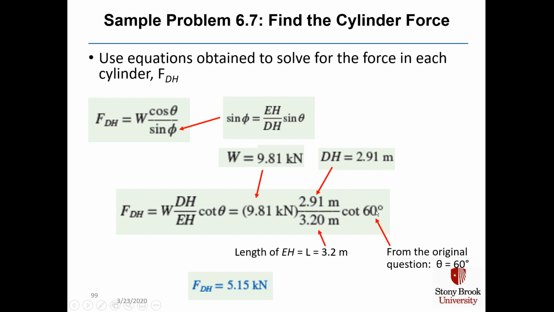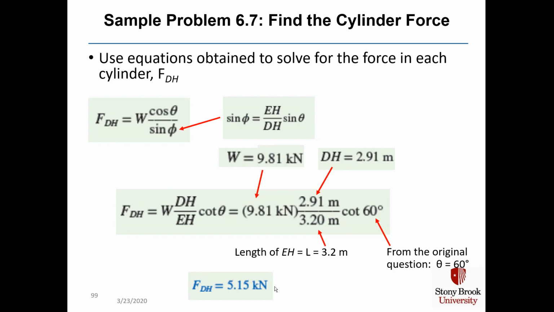And we know theta equals 60 degrees, so we know what cotangent of 60 degrees is. And you put it all together, and we have a simple equation now for F sub DH, and we find that it is 5.15 kilonewtons at an angle of theta equals 60 degrees.